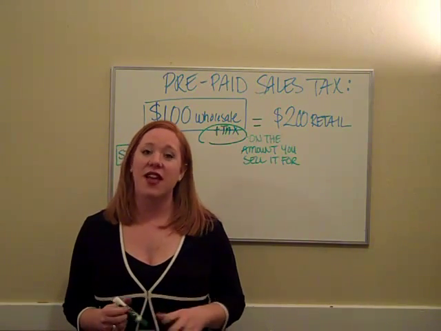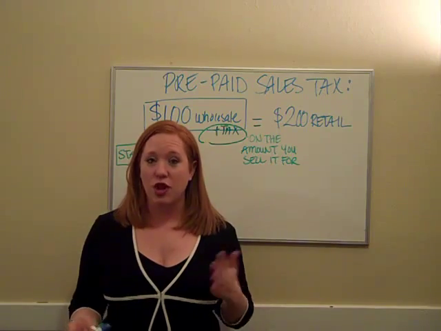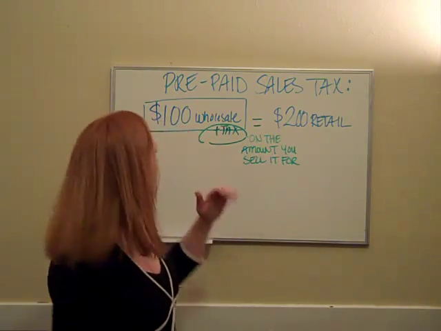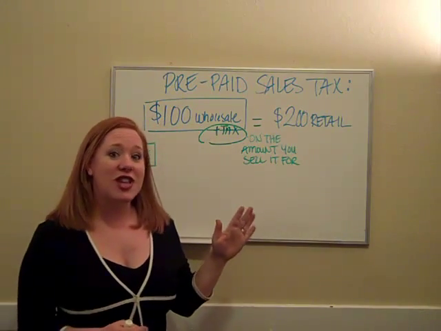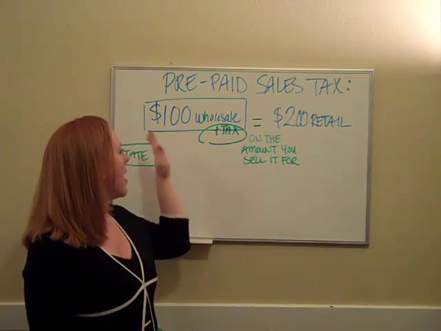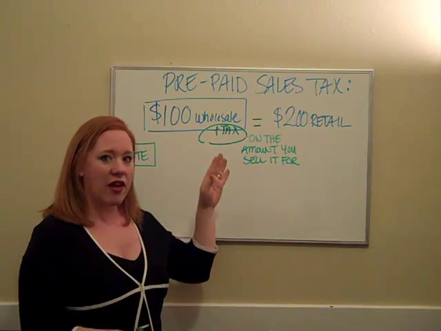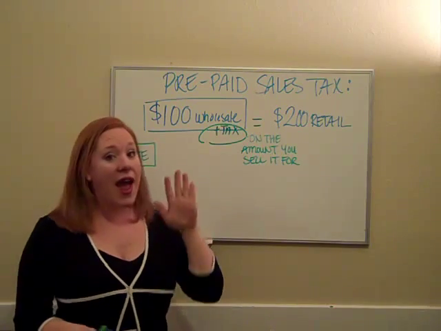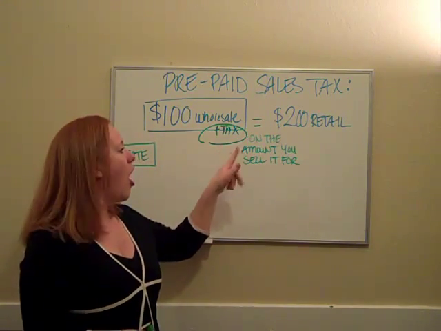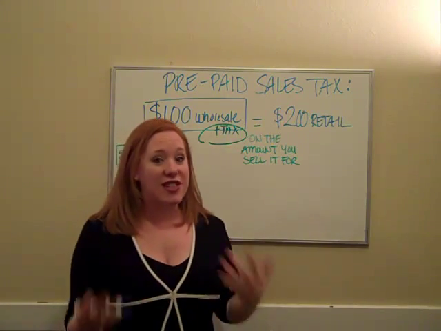So let's go ahead and dive in and talk about what happens when you buy some inventory and how retail tax plays into that. All right, so let's assume that today you decide to purchase some products from Mary Kay InTouch. So you go out to the web and you buy $100 wholesale of product. Now, when that happens, you are going to be charged the tax, in the green here, on the amount that you actually will sell it for.